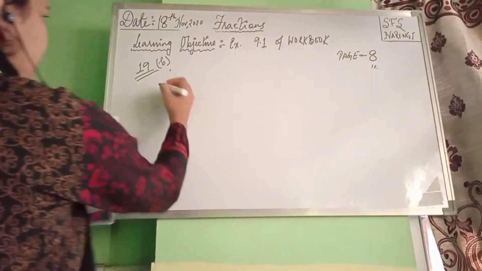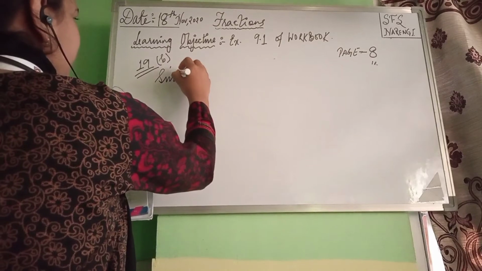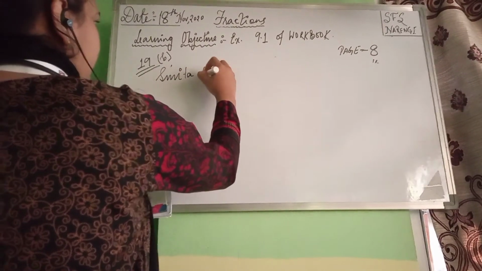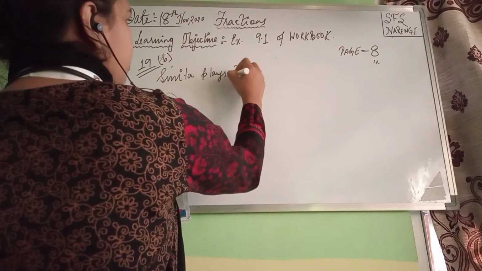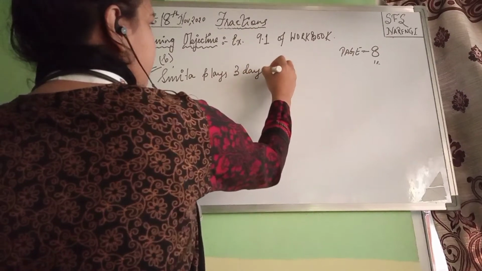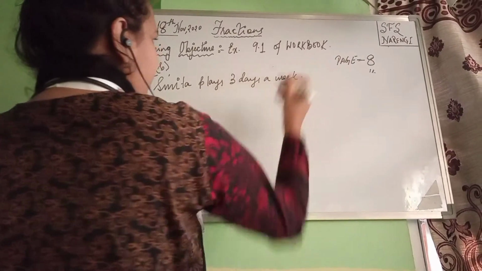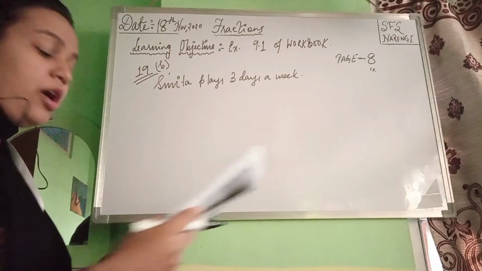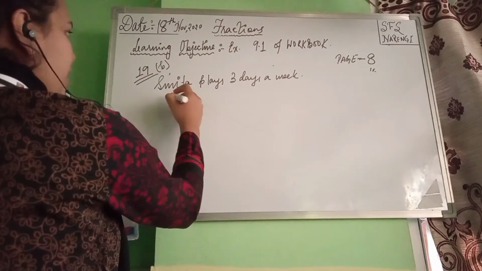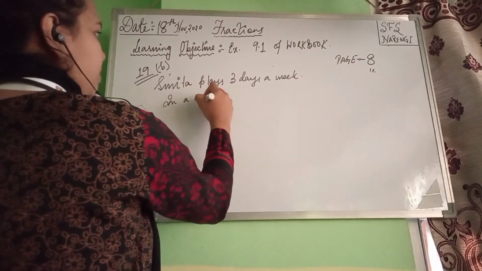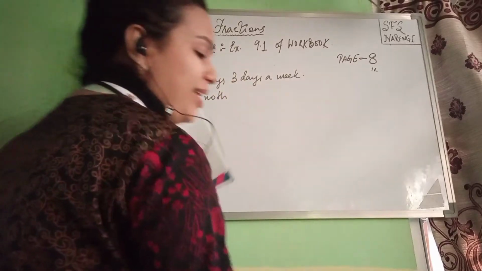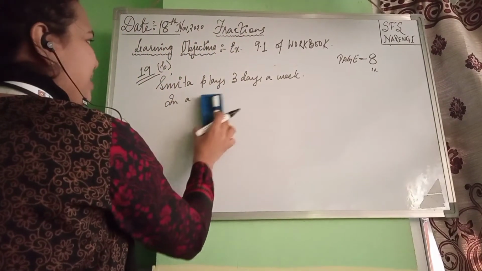You can say that Smita sings 3 days a week. So in a month, this is also a combined time problem.